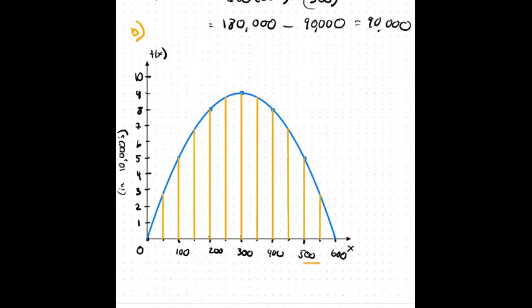Okay, so the left one would be there. The left one would be there. And that rectangle's formed. The left one is here. The left one is here.